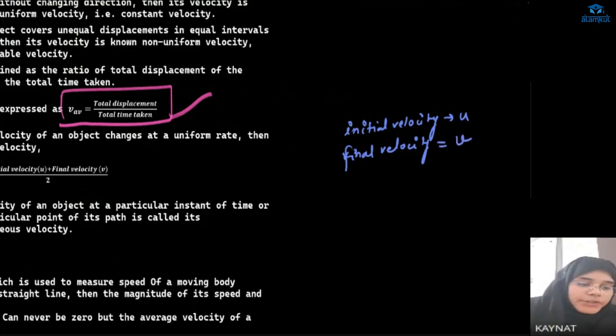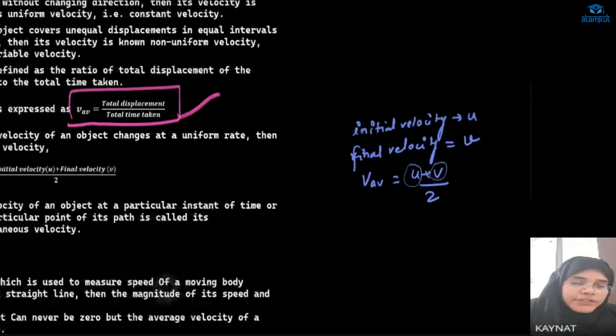How are we going to calculate the average velocity here? The formula will be v average equals u plus v upon 2, that is, initial velocity plus final velocity upon 2, which gives us the average velocity.